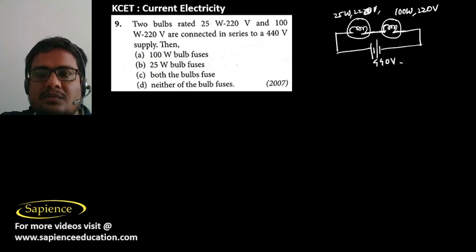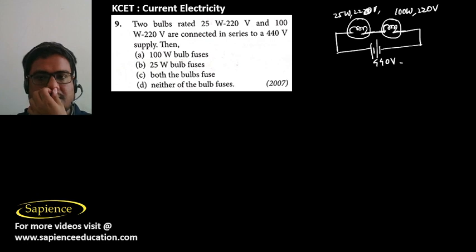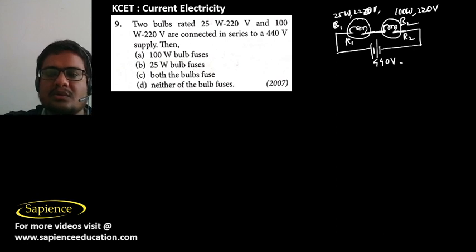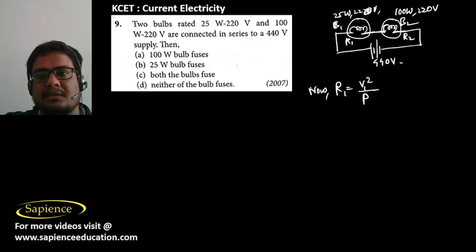So let's say the resistance of the first bulb B1 is R1, and for the second bulb B2 the resistance is R2. So now R1 will be equal to V1 square by P1.